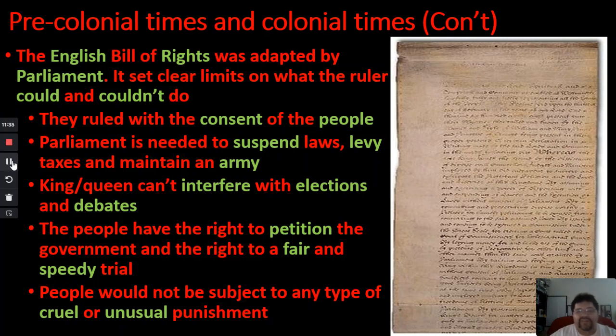And also, last thing, people would not be subject to any type of cruel and unusual punishment. Yeah, people were tortured back in the day. If you remember from your world history class, you may have learned about the Inquisition, how they used to torture people. So yeah, no more torture, no more pulling out people's fingernails, that kind of stuff. No, none of that, no more.